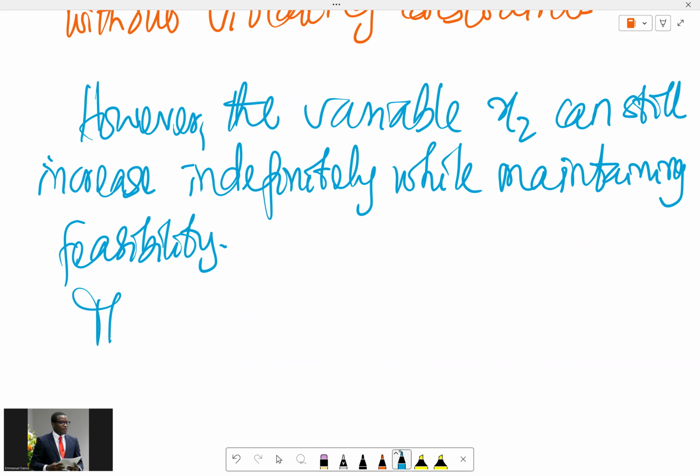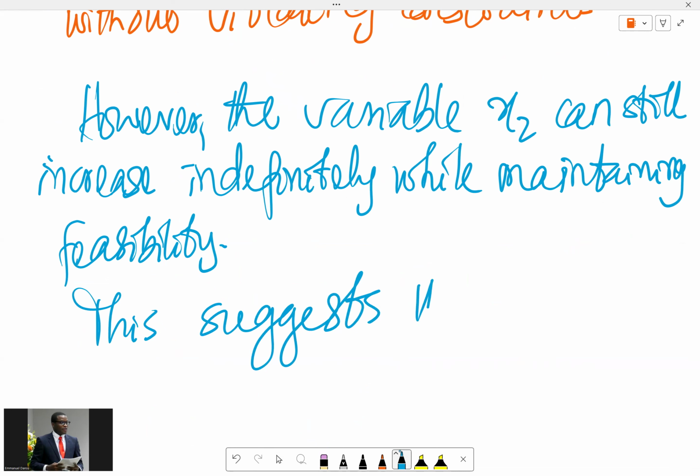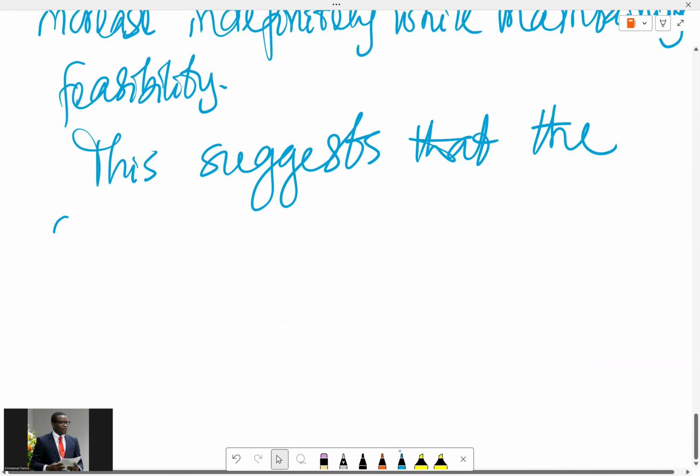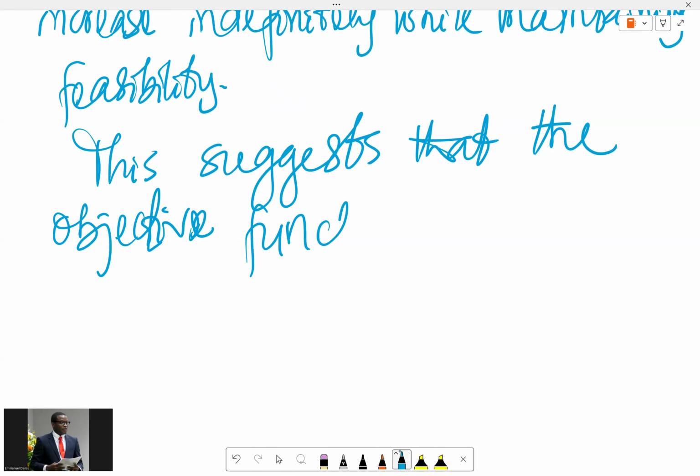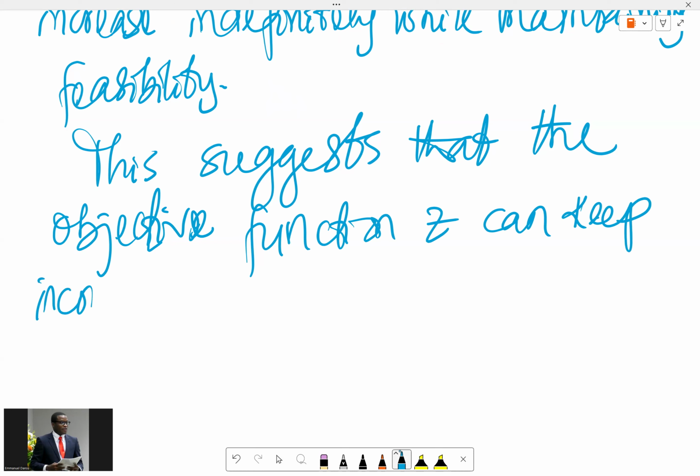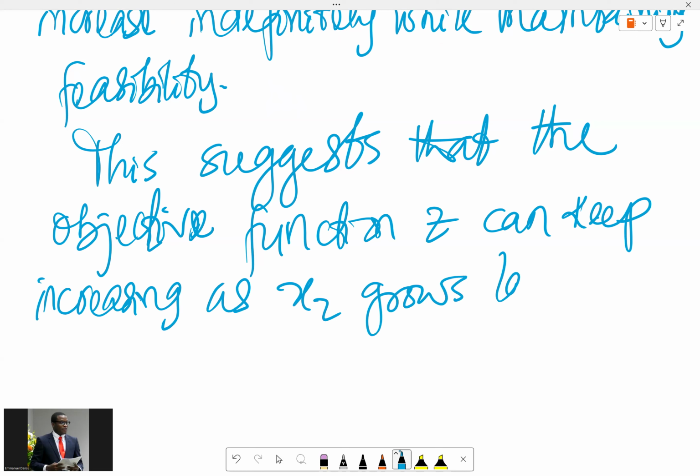So this suggests that the objective function z can keep increasing as x2 grows larger. Okay, no impact.